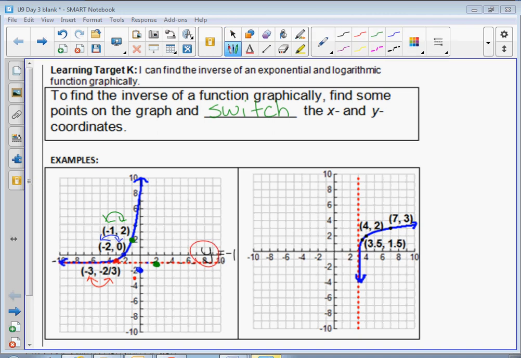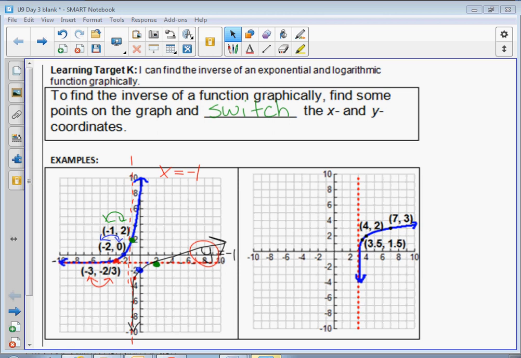So this y equals -1, we're going to change that into an x. So x equals -1. That's going to be our asymptote for our inverse function. A little crooked there. So if we graph our log, just run right along that asymptote, and curve through the 3 points that you plotted. And we have graphed the inverse.